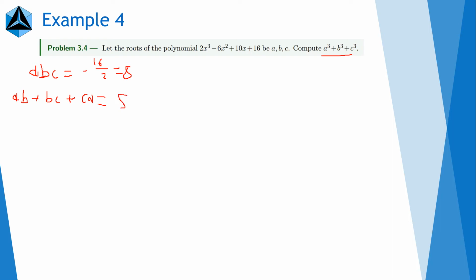And then we also know that a plus b plus c is going to be equal to 3. So these are the things we know. We know abc, we know ab plus bc plus ca, and we know a plus b plus c. We want a cubed plus b cubed plus c cubed.